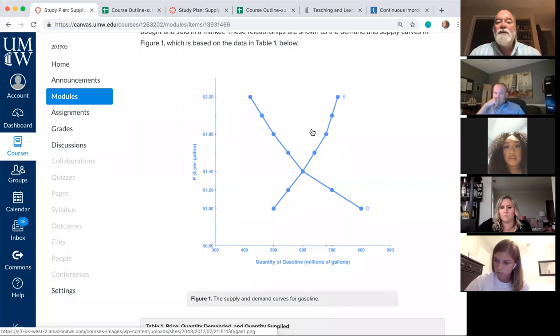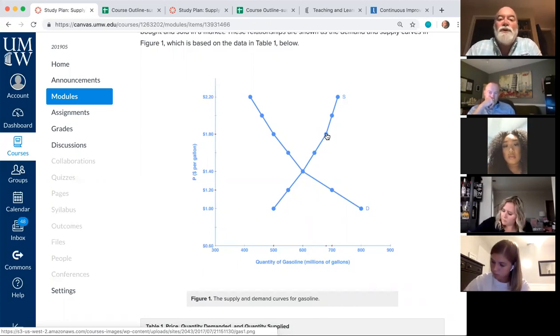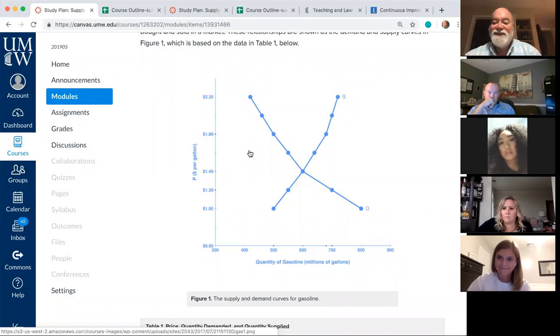So the way we describe that is we say that's a surplus or excess supply. Those are two terms that mean exactly the same thing, right? If you think about it, businesses are supplying more than consumers want to buy. So there's going to be leftover. Okay? Keisha, you got that? Yes. Okay. Riley? Good. All right.